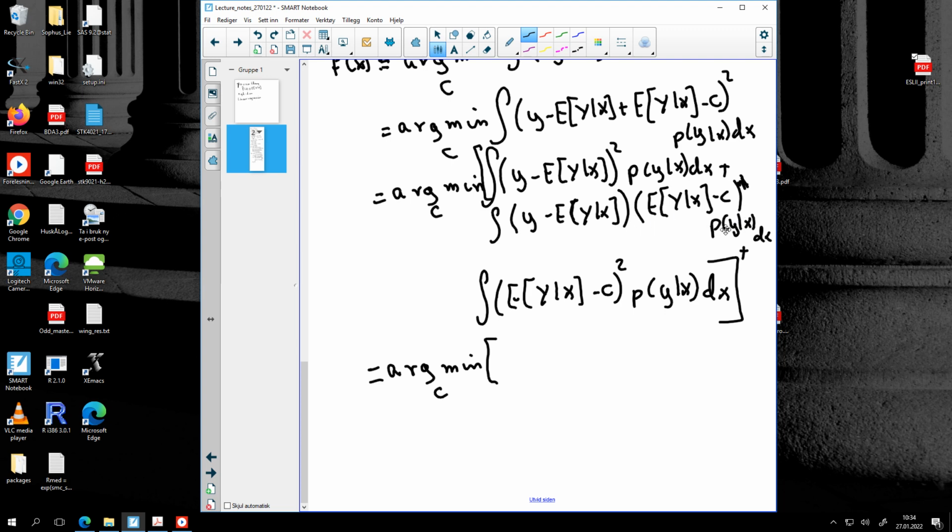And now, if you look at the expectation of y given x, well, that is now just a constant for a fixed x. And c is just a constant, so it doesn't depend on, there should be an integral with respect to y all the time. So when we consider this for different values of y, then this term is again just a constant, which you can put outside the integral.